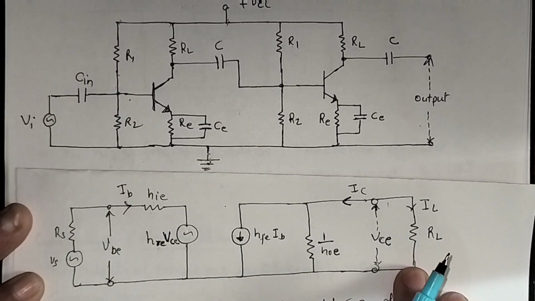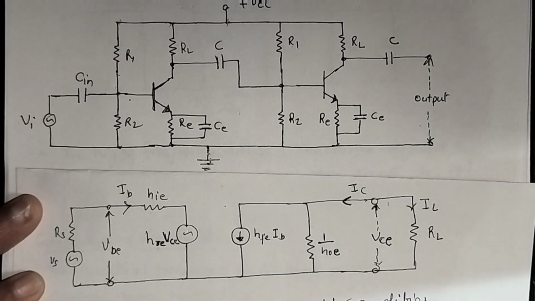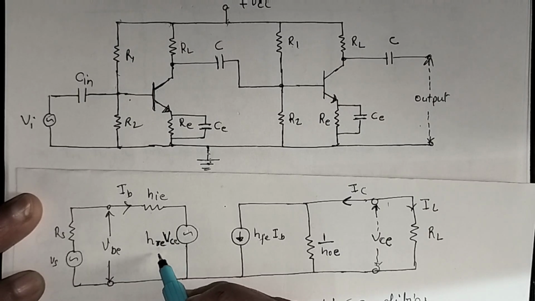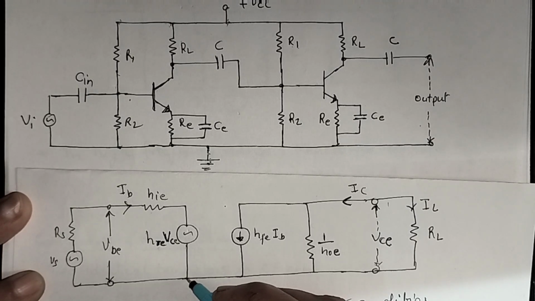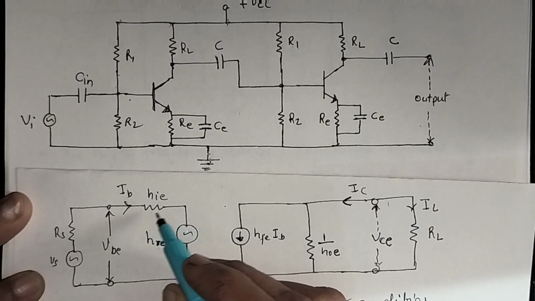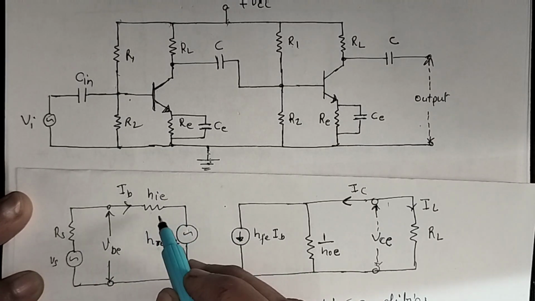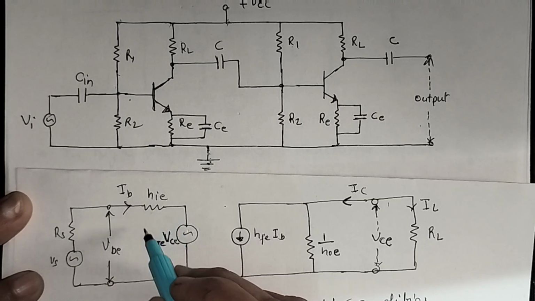Now we will simplify this hybrid model. As we know, the value of HRE is very small, so it can be neglected, means this terminal and this terminal will be shorted. So what is left on the input side is HIE, means the input impedance.